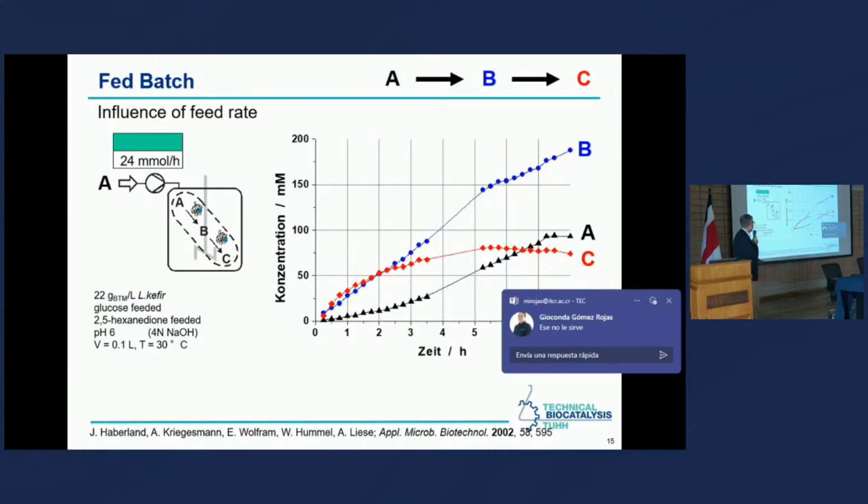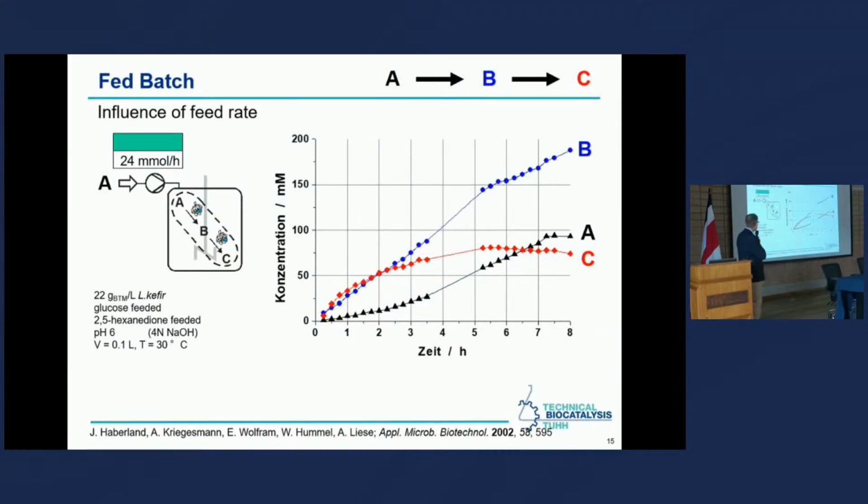Here we see this. We have the batch reaction going on. We're feeding A, our starting material, at a rate of 24 millimole per hour, and something strange happens. We still have the same amount of cells, 22 grams per liter, but something strange. Because what you can see is that the final product C is not the final product we're producing.